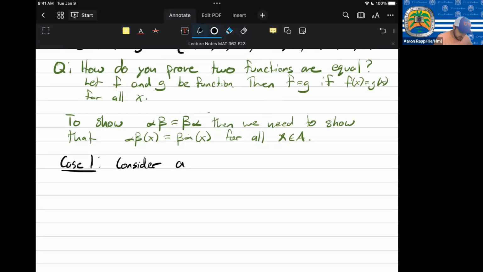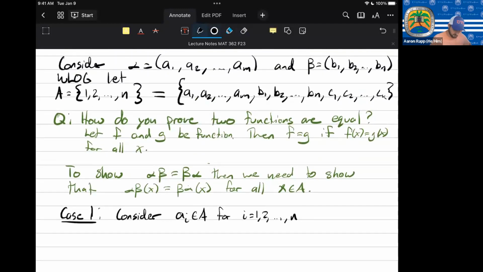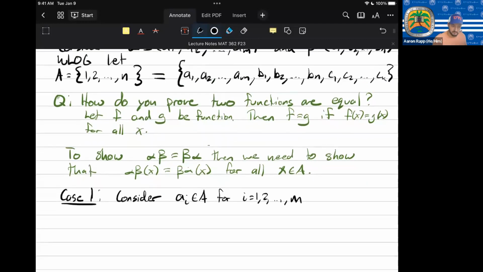So I can consider one of those A's as my input, and I chose M. If I take some general value in there, I can figure out what happens when I throw it through the two functions, alpha beta and beta alpha.